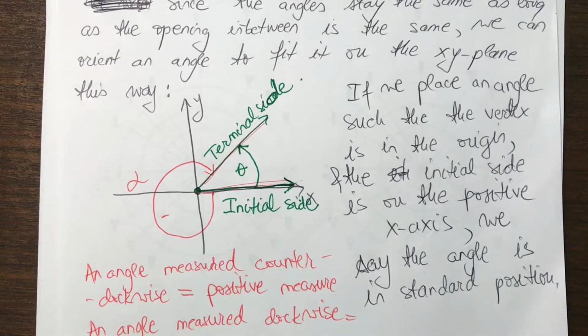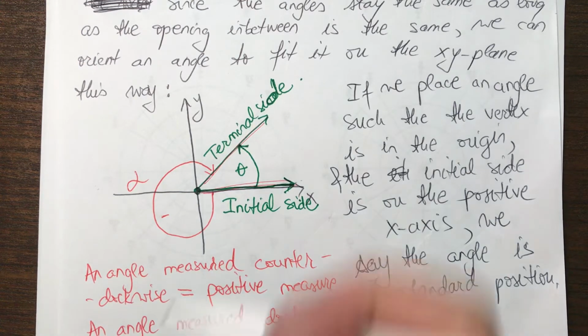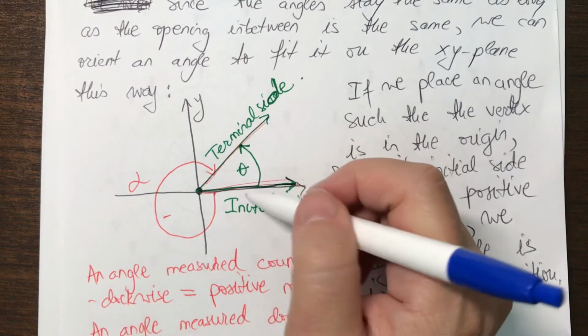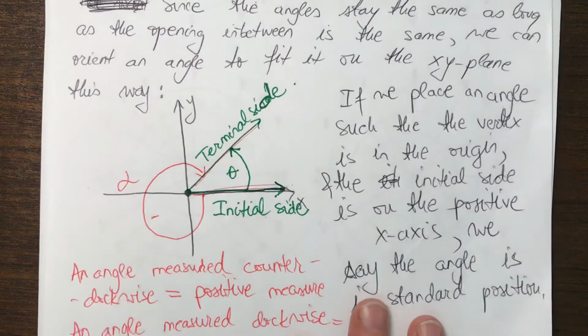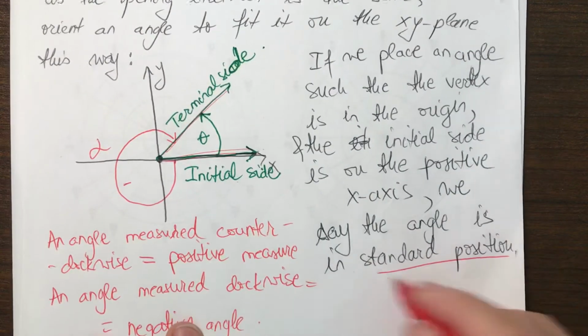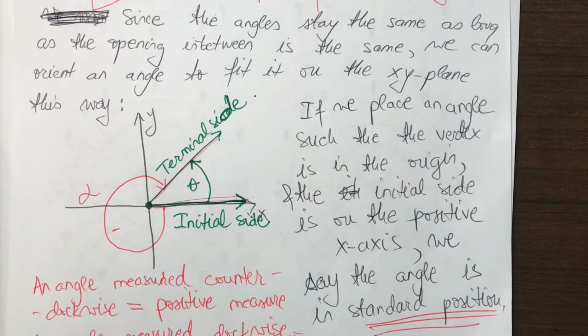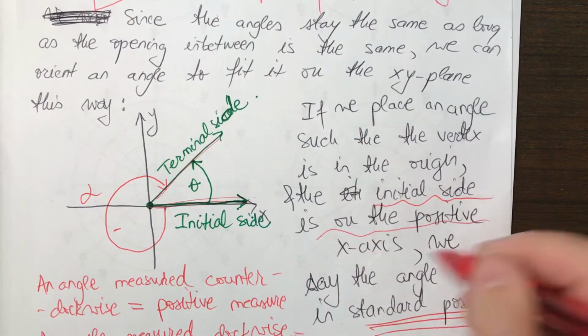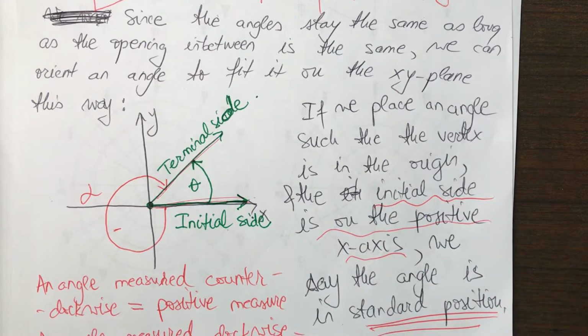Now, of course, we can measure angles multiple ways. In fact, these are not the only two angles that have this initial side and this terminal side. By the way, they all have the same initial side. Why? Because we want these angles to be in standard position. So the initial side is on the positive x-axis, that makes an angle in standard position.